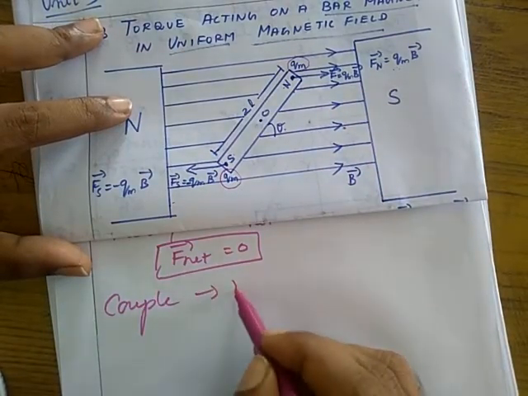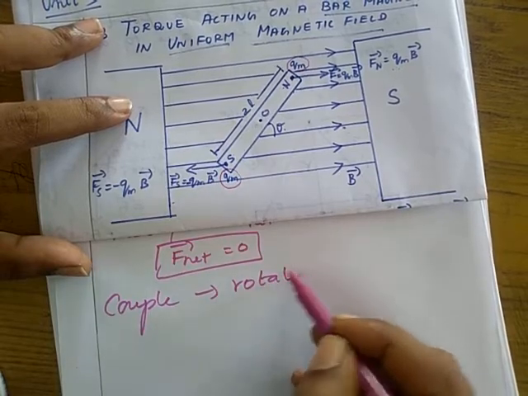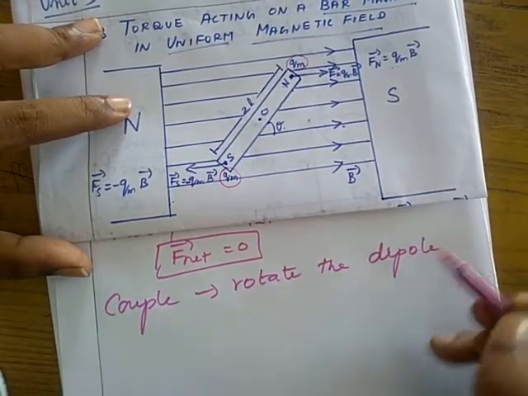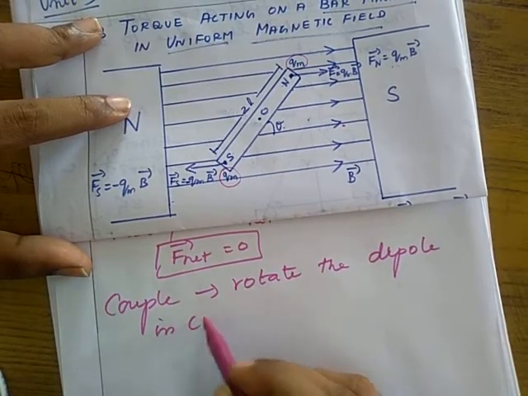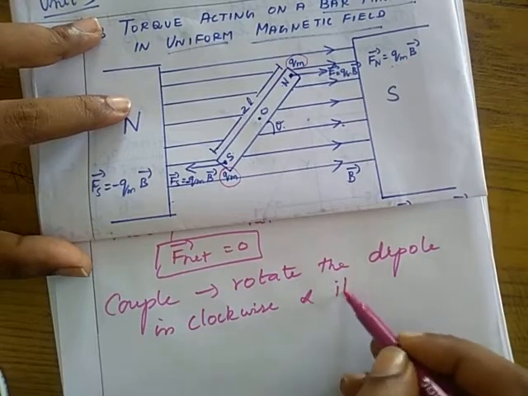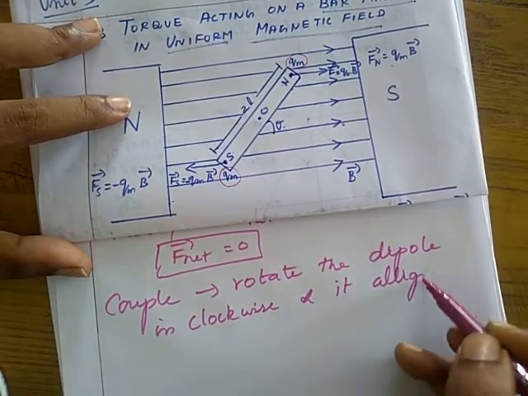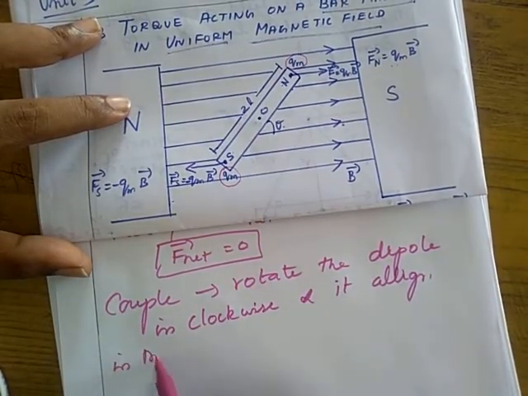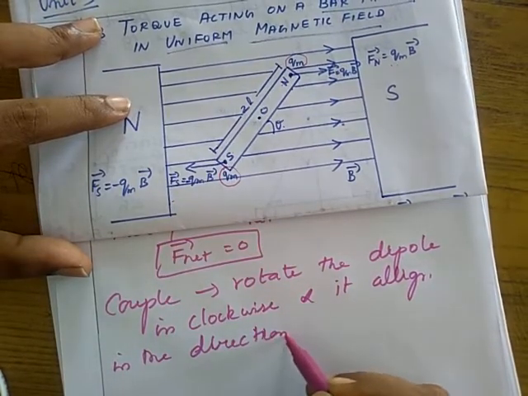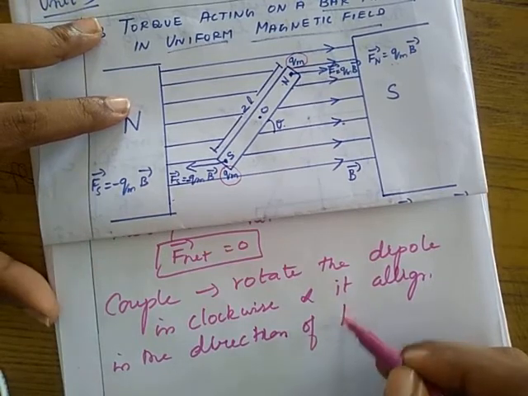Then the couple rotates the dipole, that is the magnet, in clockwise direction, and it aligns in the direction of the magnetic field B.